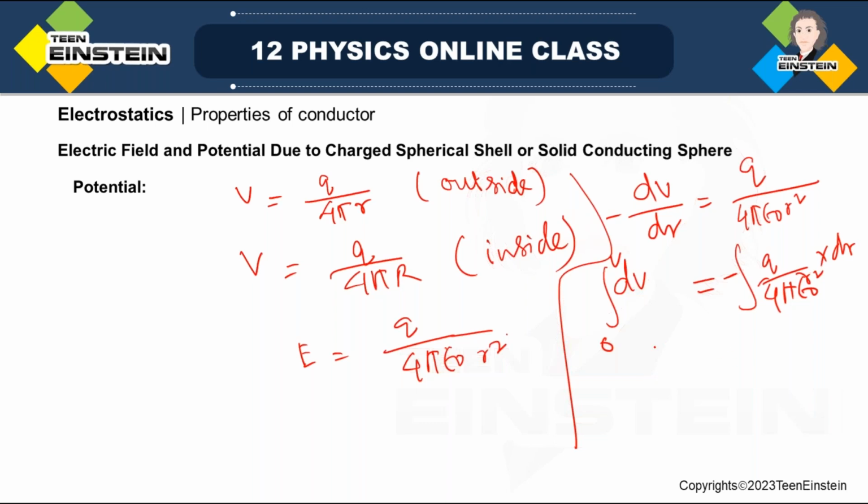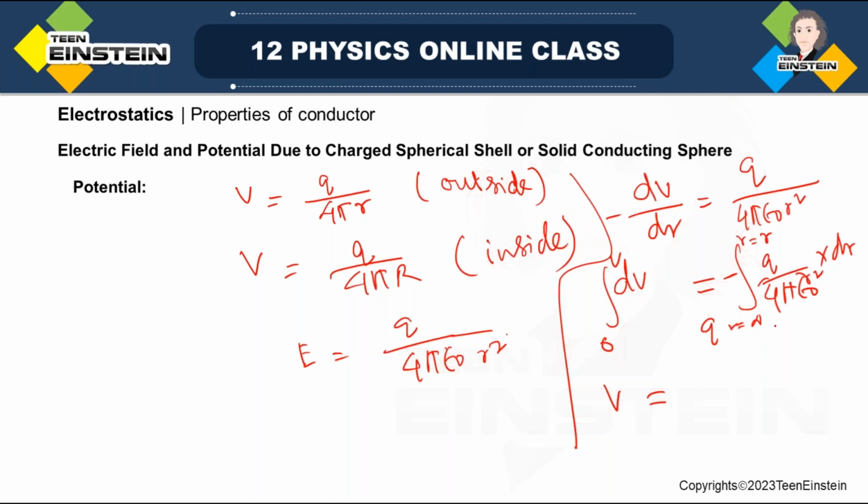Now, if we integrate this, you know what we get? We get Q by, with r going from infinity to r. So this is V outside. If we do the integration, what do you get?